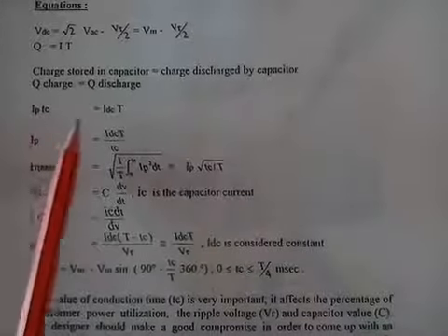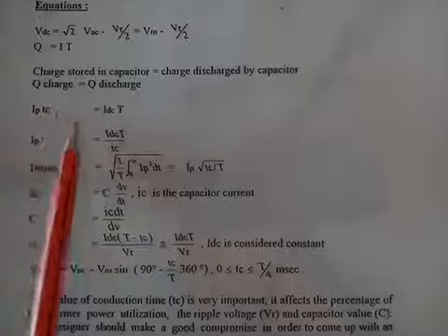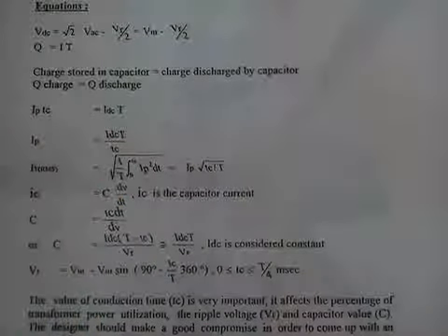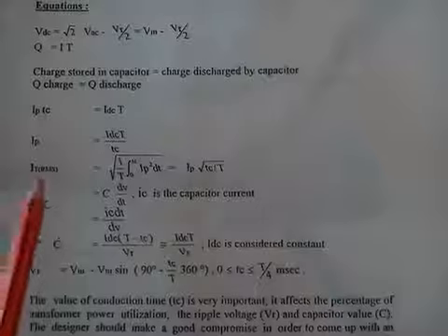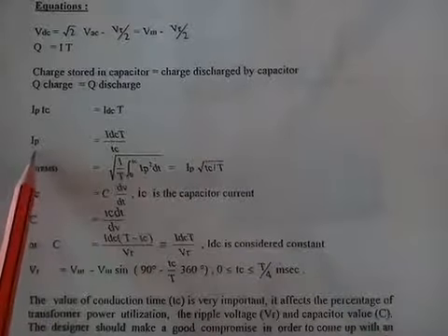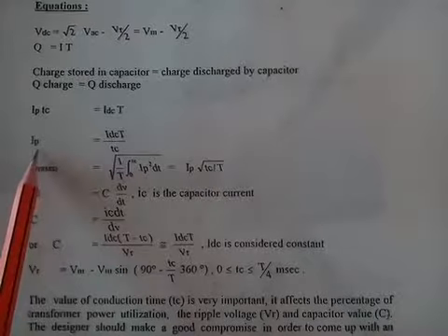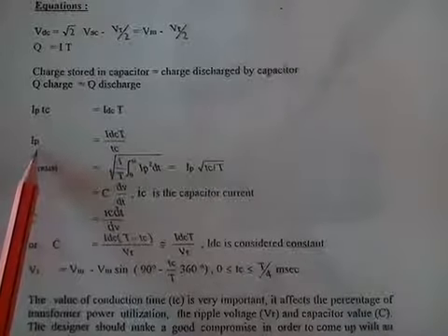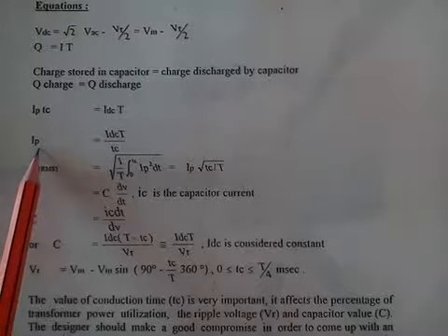Now putting these equations together, that's the charging part. And from this equation we know what the I peak will be, the maximum peak current that will charge the cap.